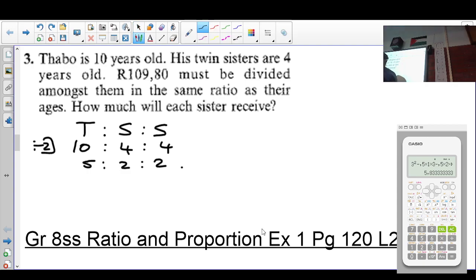Right, so the total here is now simply 5 plus 2 plus 2, which is 9.